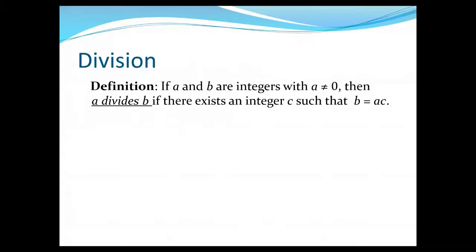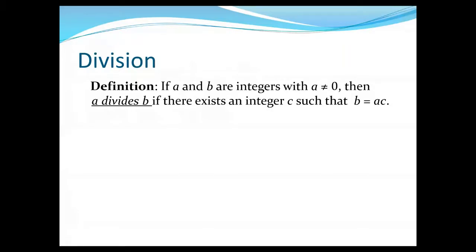So basically, division here means that a number is divisible when we divide it by another number and it gives us an integer, a whole number. So it means a number is divisible by another number.